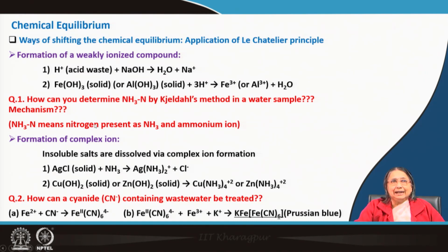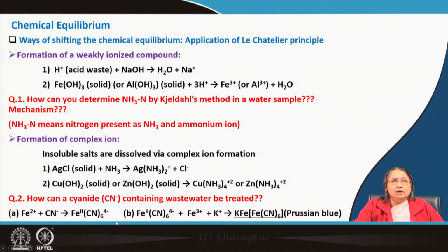When we make it alkaline, the ammonium ion goes 100% to ammonia, and ammonia is highly volatile, so it is removed with the steam, collected, and then titrated. So, here also the same principle is applied.